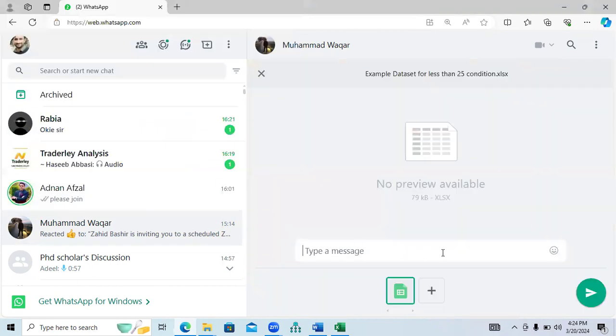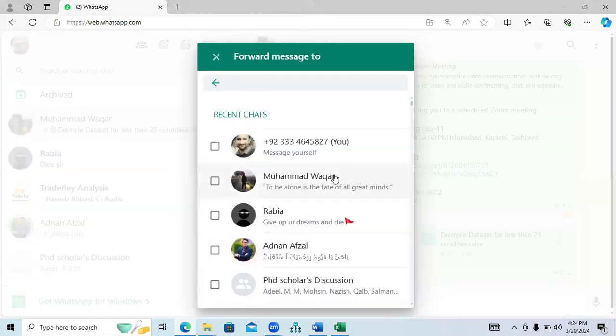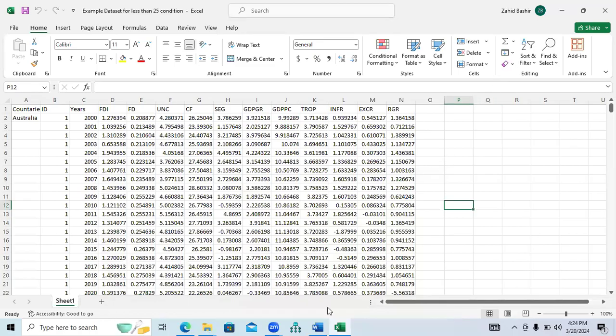Example data set. All right. So you can easily use this data set for your practice. Let me also share it with an option this way. All right, so let us use this data set for our consideration.